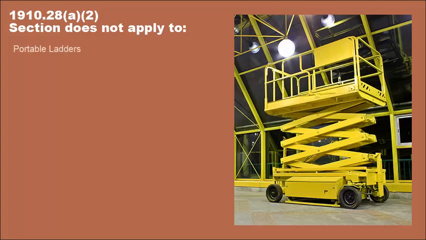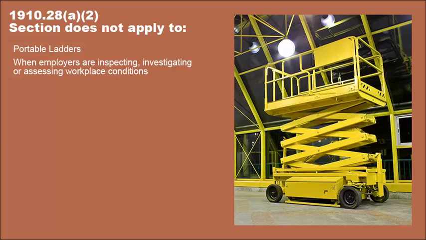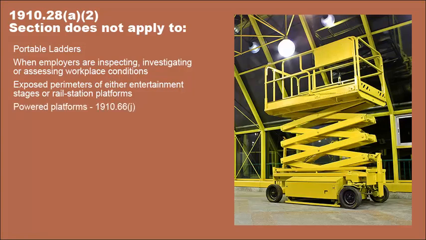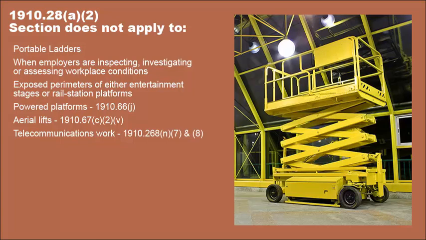These include portable ladders, instances when employers are inspecting, investigating, or assessing workplace conditions, or work prior to the start of or after all work has been completed, fall hazards presented by exposed perimeters of either entertainment stages or rail station platforms, powered platforms covered under 1910.66(j), aerial lifts covered by 1910.67(c)(2)(v), telecommunications work covered by 1910.268(n)(7) and (8), and electrical power generation, transmission, distribution work covered by 1910.269(g)(2)(i).